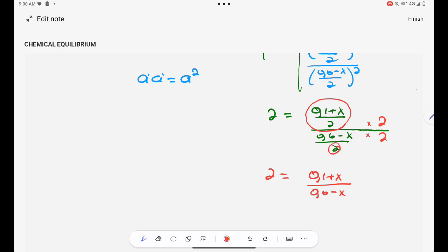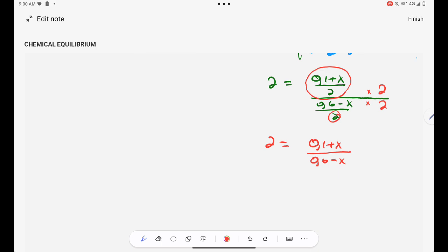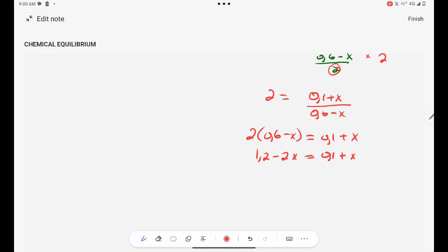Okay, and therefore I can simply cross multiply. I'll simply have 2 times (0.6 minus x) is just equal to 0.1 plus x. 2 times 0.6, that's 1.2, but let me confirm. 0.6 times 2, yeah, that's 1.2, minus 2x is equal to 0.1 plus x.